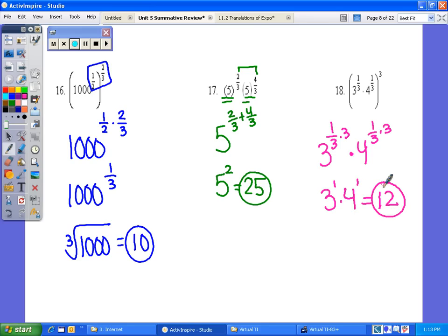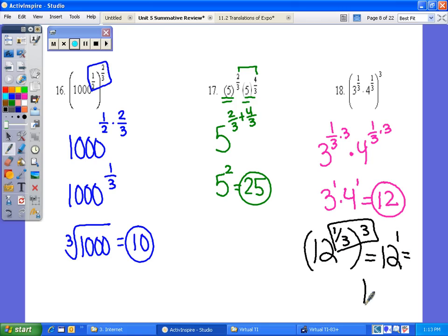The other way that you could have done it is you could have multiplied those two and got 12 to the 1/3, since it's the same power. And then just multiply these two. 1/3 times 3 is 12 to the 1. And it's 12. So two different ways of getting the same exact answer.